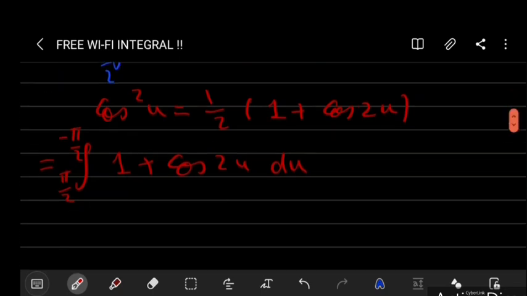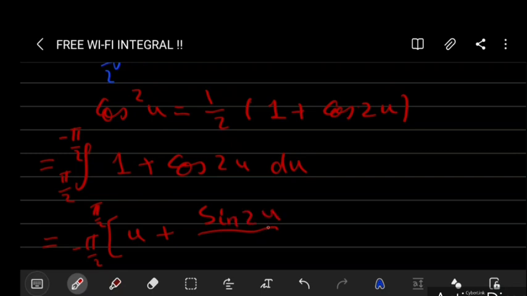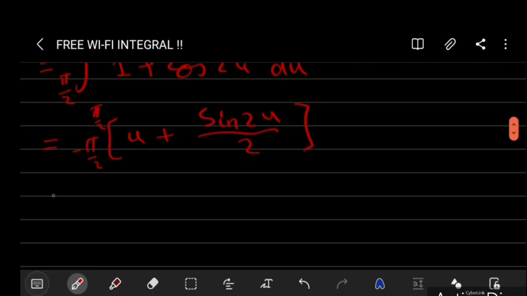And so that is a very easy integral to do. It will be from negative pi over 2 to pi over 2, and this one will be u, and this cosine 2u will be sine of 2u over the derivative of 2u, which is 2. And we can substitute with that.